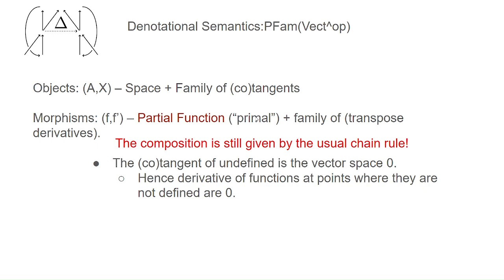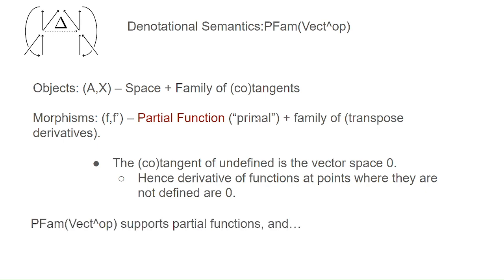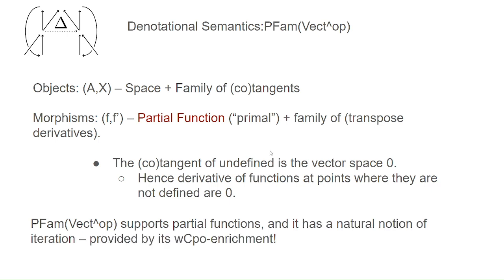Again, the composition is still given by the usual chain rule, which is of course needed to get the correctness proof. And the fun thing is, of course, that P FunVect op supports partially defined functions as defined, but besides that it has a natural notion of iteration provided by this natural notion of omega CPO enrichment.